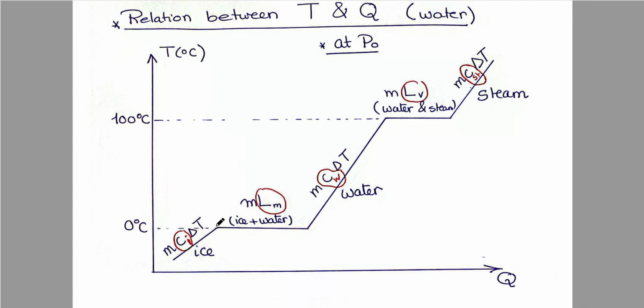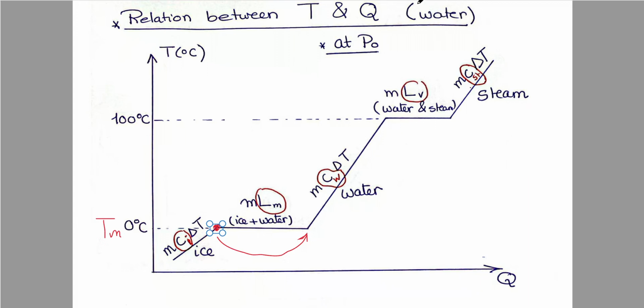After this, you will find the temperature is constant at 0 degrees. This is the temperature of melting, and you will find the ice transforming into water, but at constant melting temperature, 0 degrees.